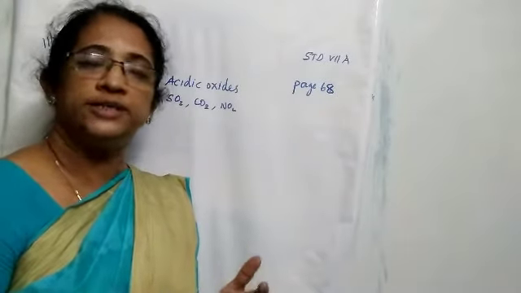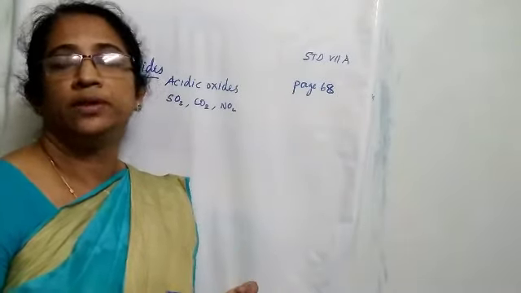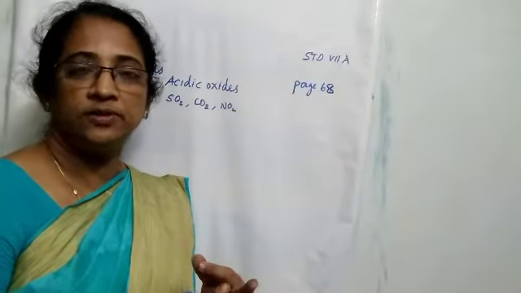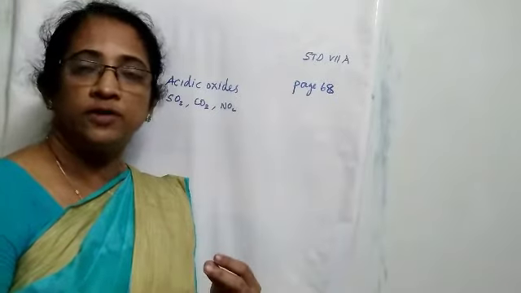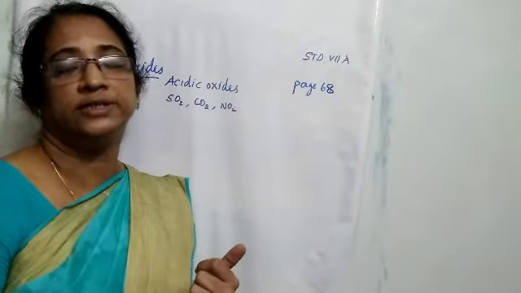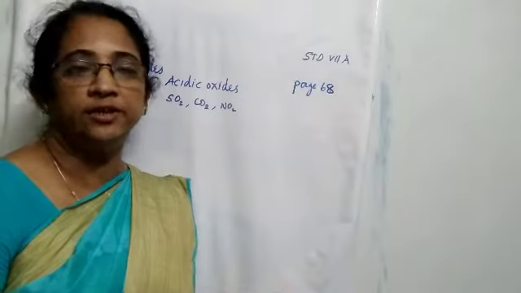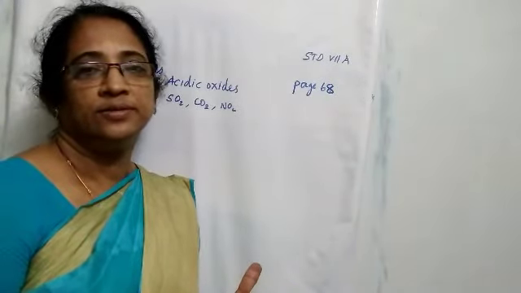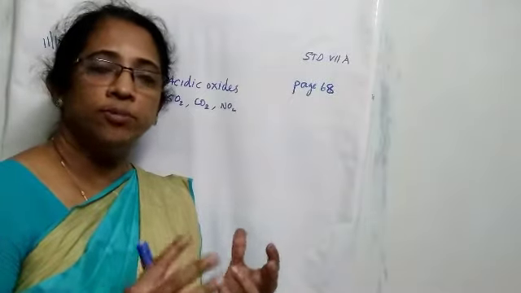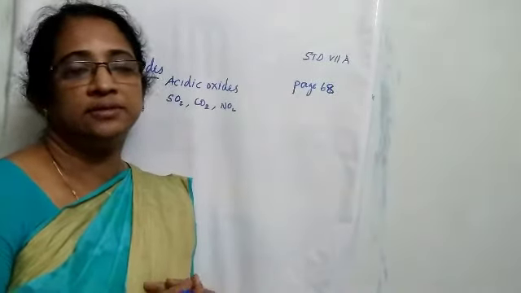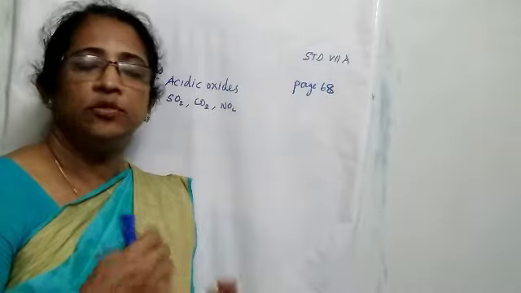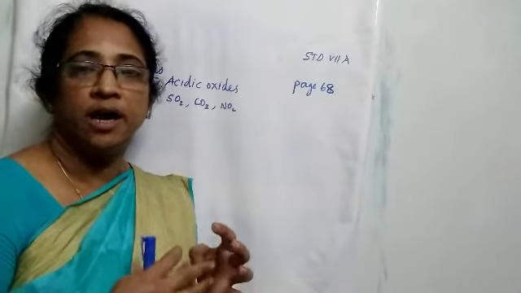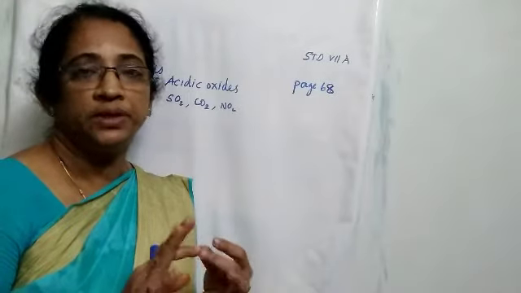Oxides are mainly classified into four: one is acidic oxide, two basic oxide, then neutral oxide and amphoteric oxide. Now we are discussing acidic oxides. What are acidic oxides? Acidic oxides are formed by non-metals. There are various examples, but for standard 8 you have to learn carbon, nitrogen and sulfur.